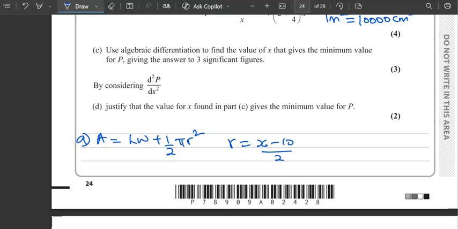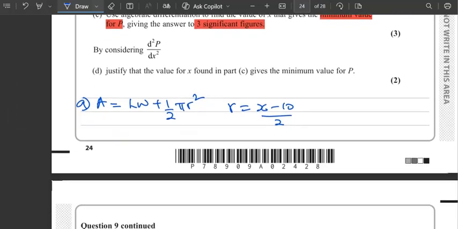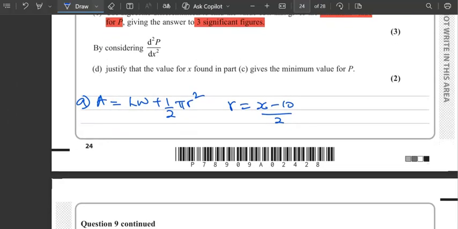So in other words, we can underline this: it gives the minimum value. We can highlight this. So we are required to minimize p and express the solution to 3 significant figures as given in the question.